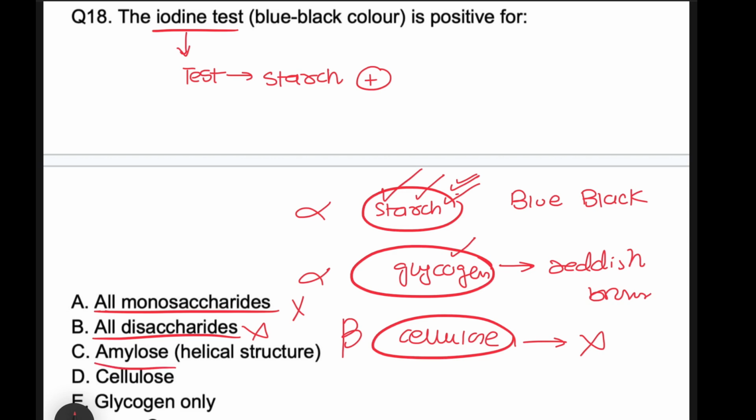Amylose is a component of starch, so definitely it's going to give a positive iodine test. Cellulose doesn't have any color change, so it's a negative iodine test. Glycogen only? No. So amylose is going to be the right option, because amylose is a component of starch.